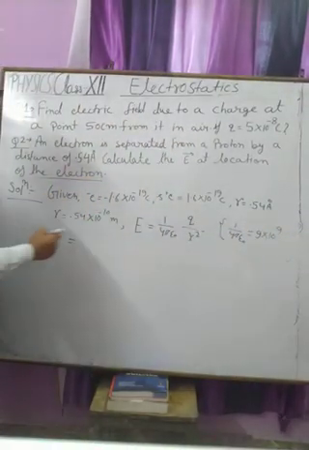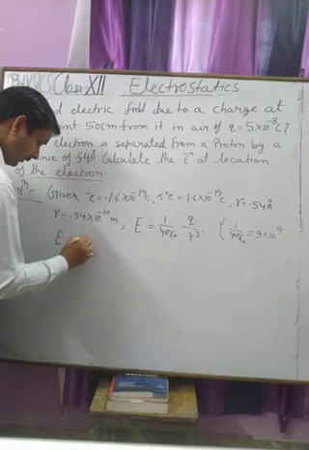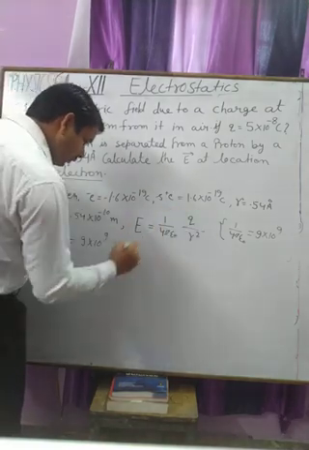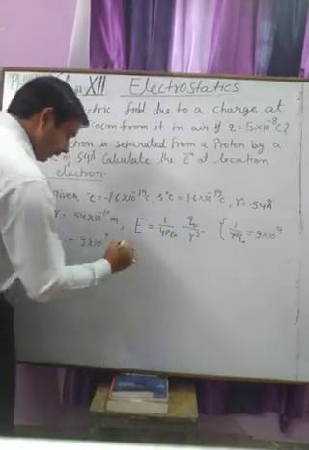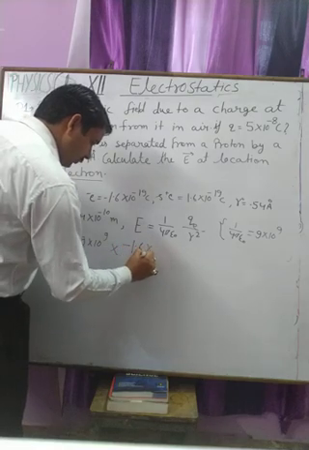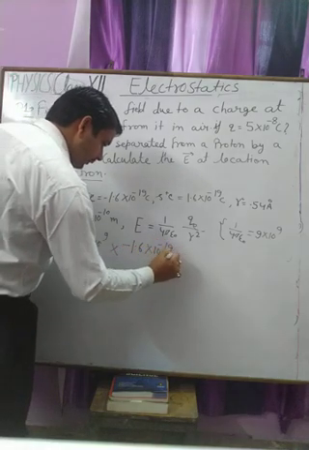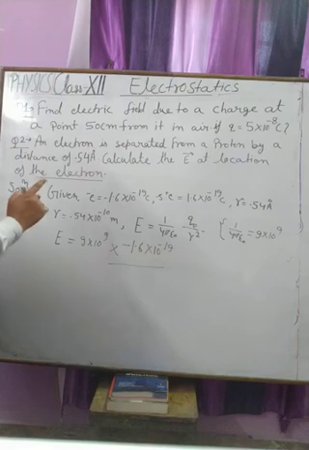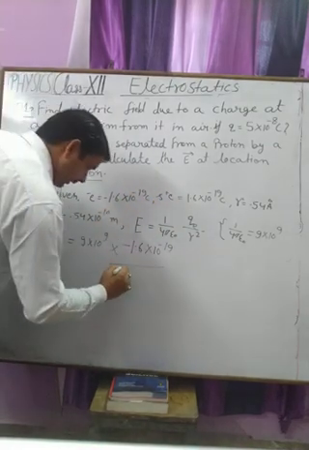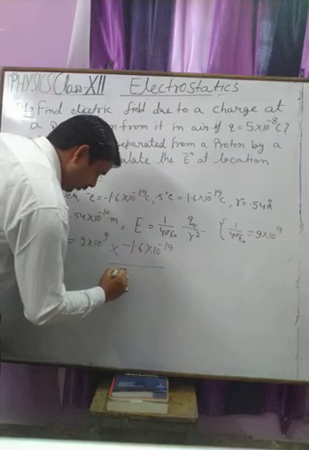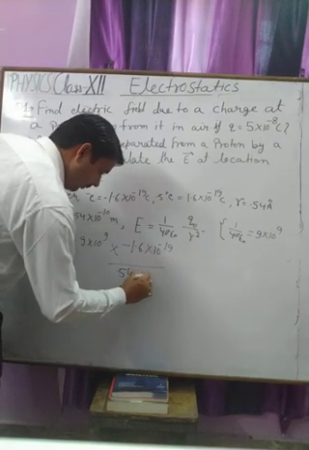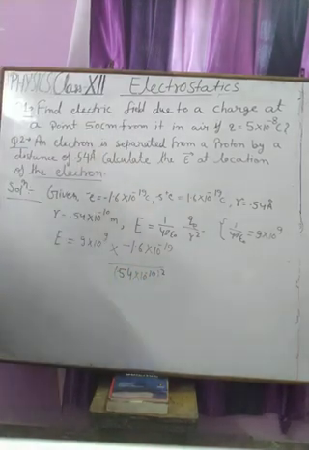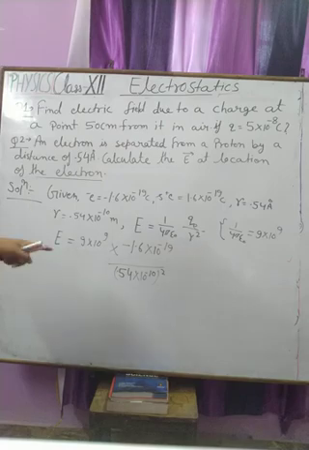So we are using this value here, that is 9 into 10 to the power 9 into charge on electron, we are using Qe, that is minus 1.6 into 10 to the power minus 19 upon the distance at the point where we need to calculate the electric field, that is 0.54 into 10 to the power minus 10 square.